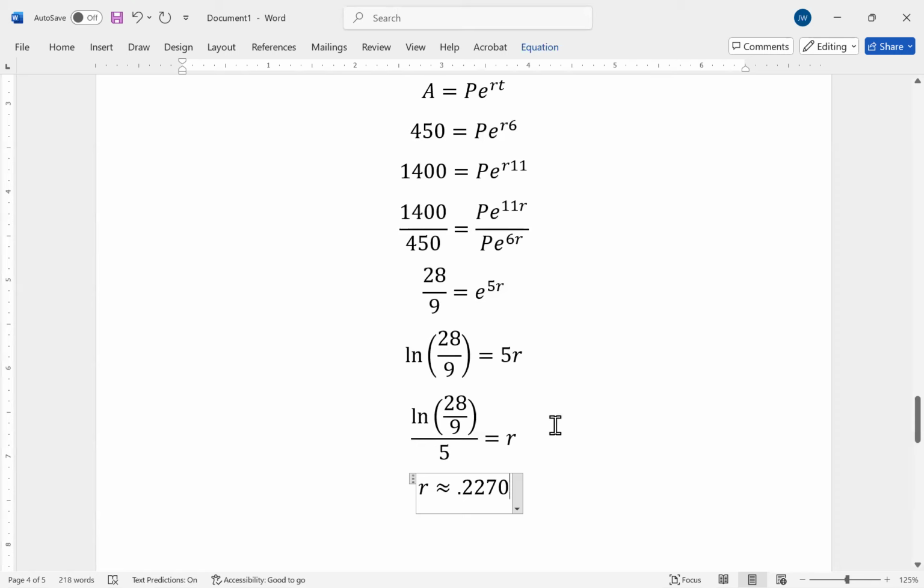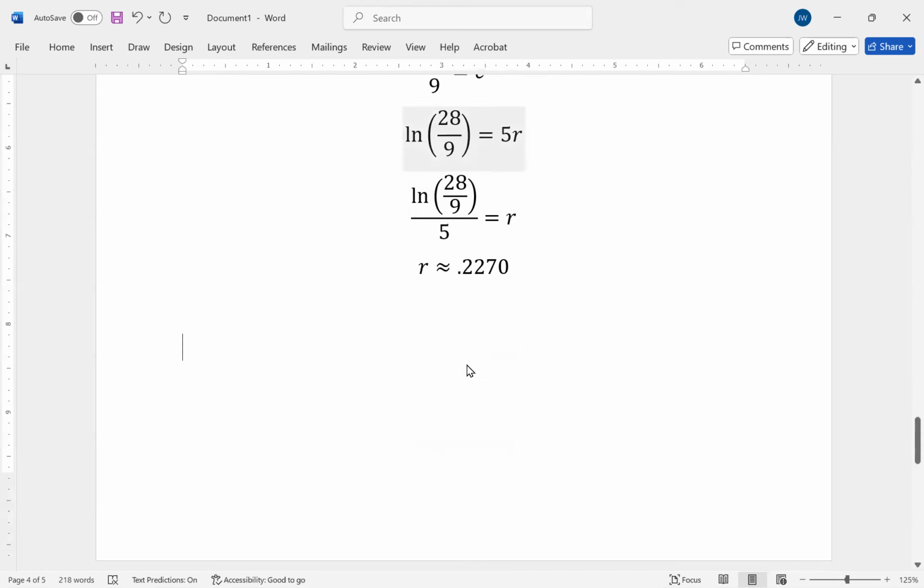Now that I know that, I can plug it in to either this equation or this equation to get my answer for P. I'll use this first equation. 450 is equal to P times e to the 6R, or R times 6. And now we know that R is the natural log of 28 over 9, all divided by 5.